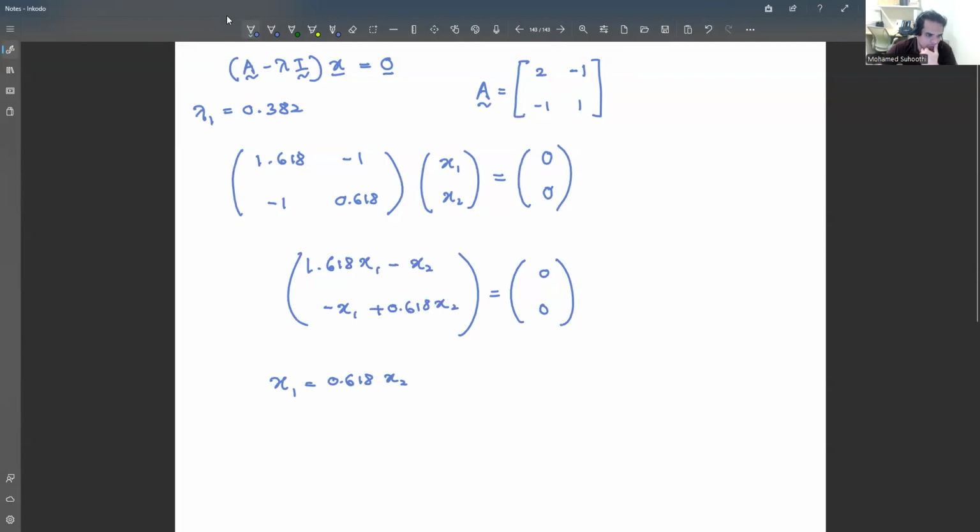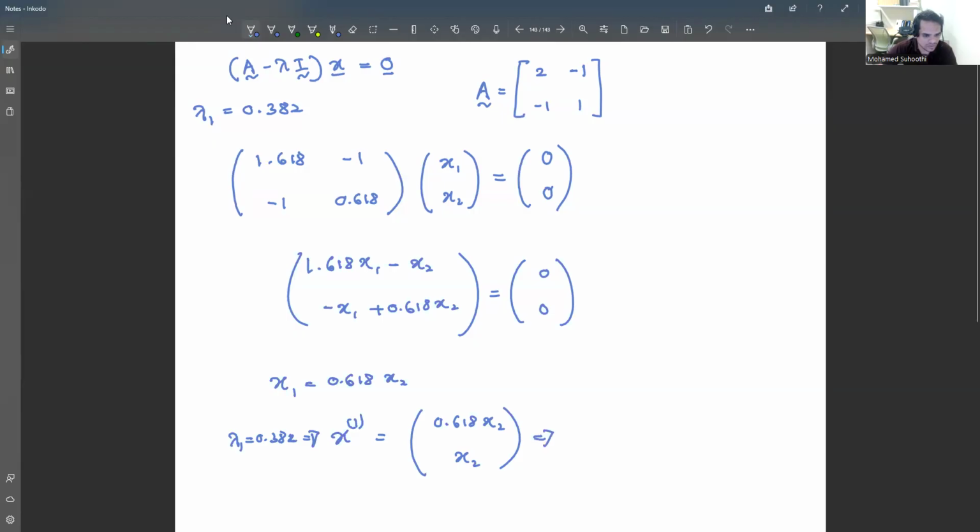So therefore the eigenvector 1, that means for lambda 1, 0.382, for this eigenvector 1, x1, x2, x1 you can write in terms of x2, 0.618 x2. X2 you can keep the same.